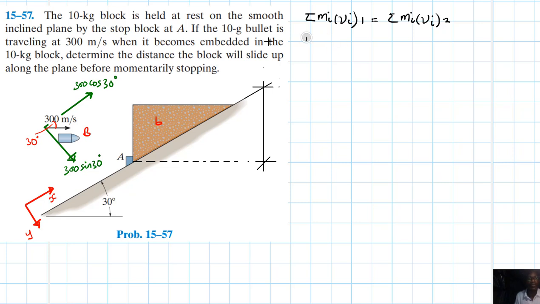So we have m_b v_b1 plus m_B v_B1, and this is equal to (m_b + m_B) v_2. Of course, this one is 0.